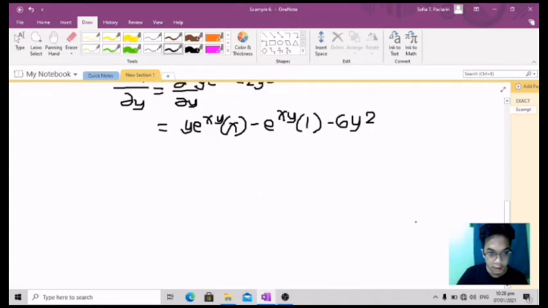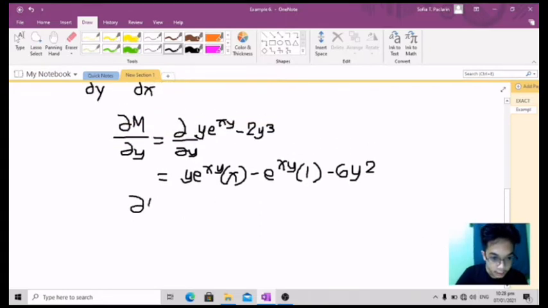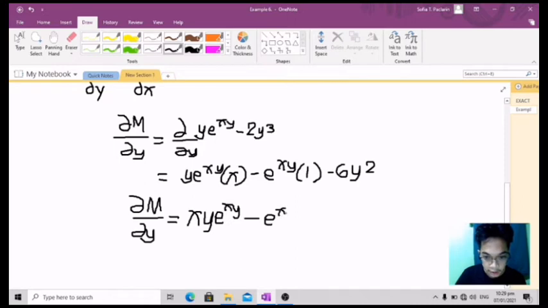So the partial derivative of M with respect to y is equal to xye raised to xy plus e raised to xy minus 6y squared.